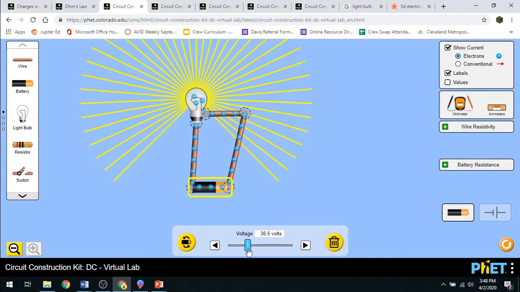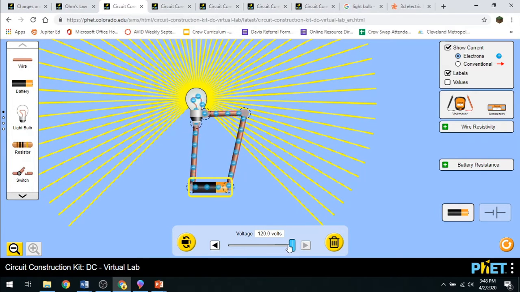If we increase the voltage, boom, look at how fast the current's flowing. It's going a lot faster, and the voltage is a lot bigger. So that's going to use more power.